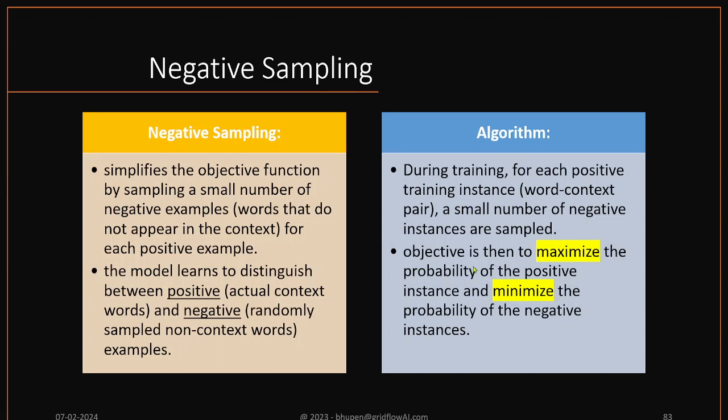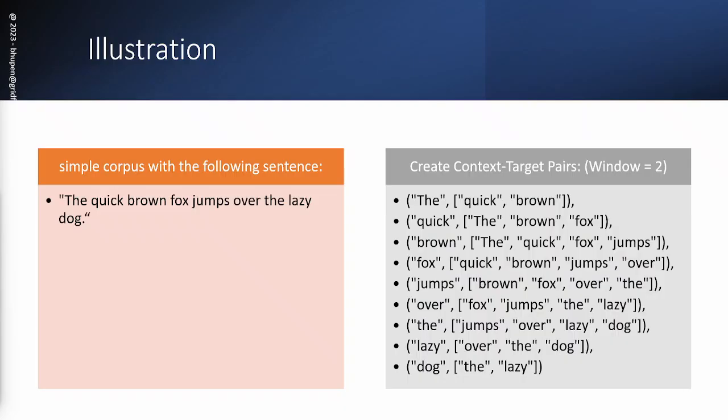The objective of the loss function would be to maximize the probability of the positive target word being predicted and minimize the probability of the negative instances. That's the broad, macro idea behind negative sampling. But how does it improve the process of training and help in terms of faster training? So let's understand that process with some more examples.